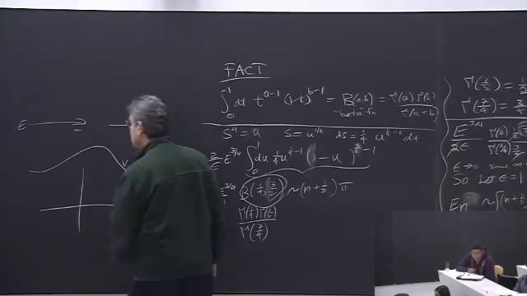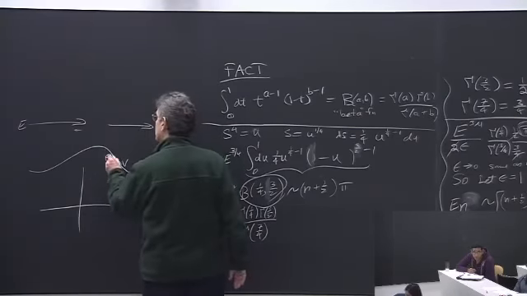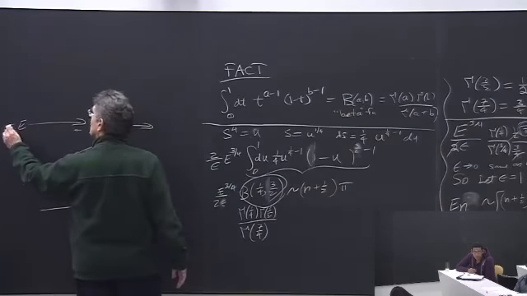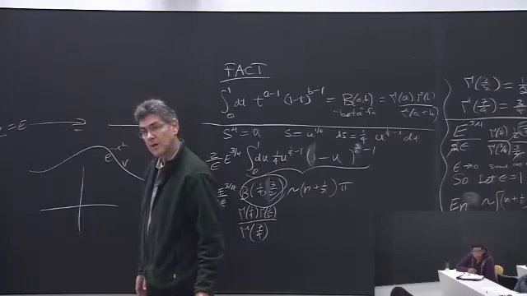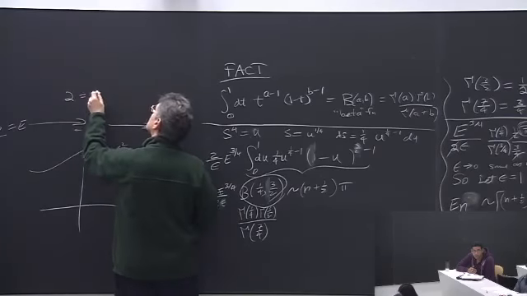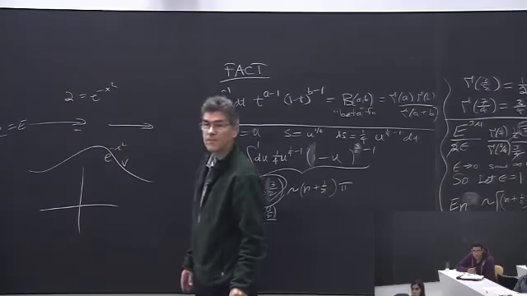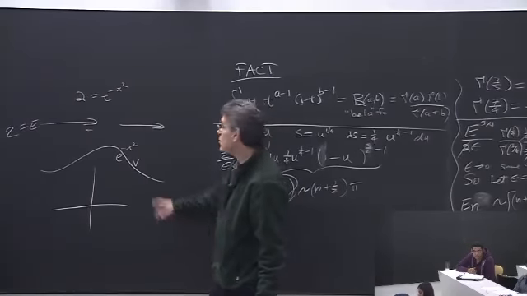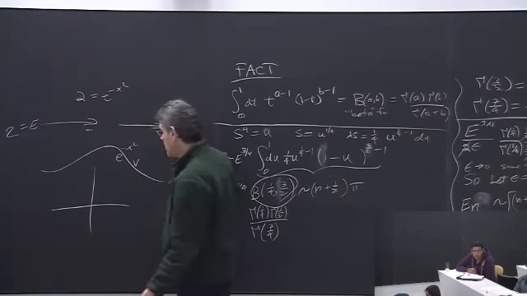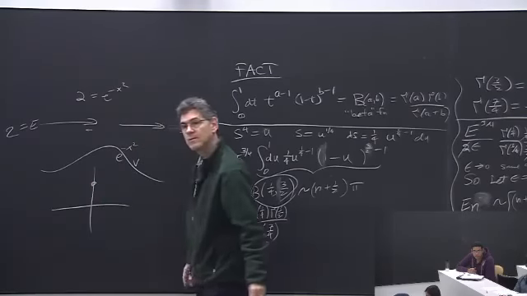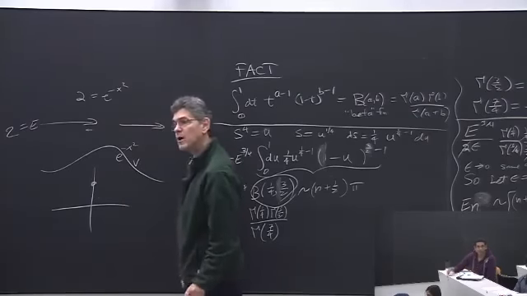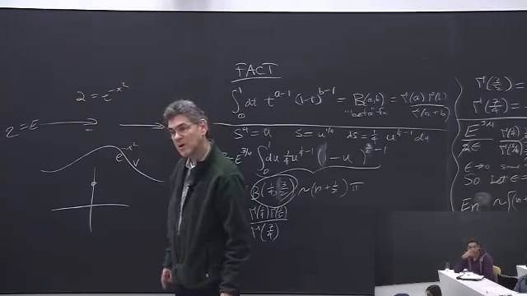And in the complex plane, if this potential is e to the minus, say, x squared, something like that, and the energy, say, is 2, then to find the turning point, you have to solve the equation 2 is equal to e to the minus x squared. And there's no real solution to this, but there's a complex solution. And it's on the imaginary axis up here. So the way you do WKB, this is a one turning point problem, but the turning point is in the complex plane.